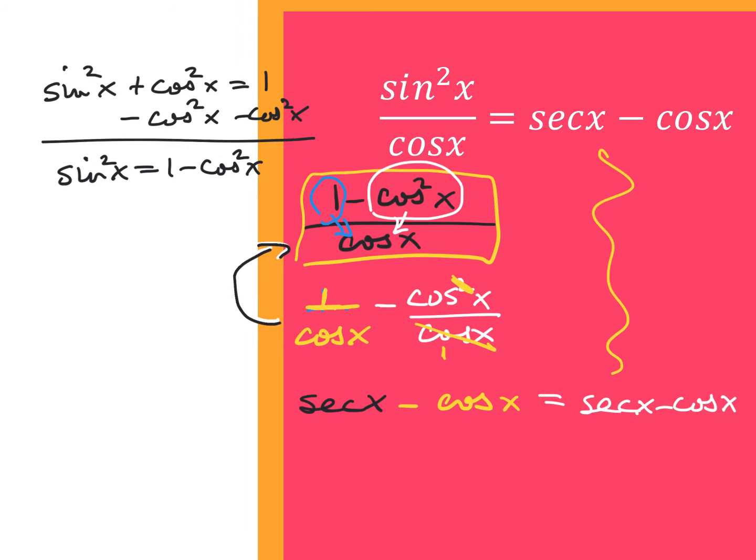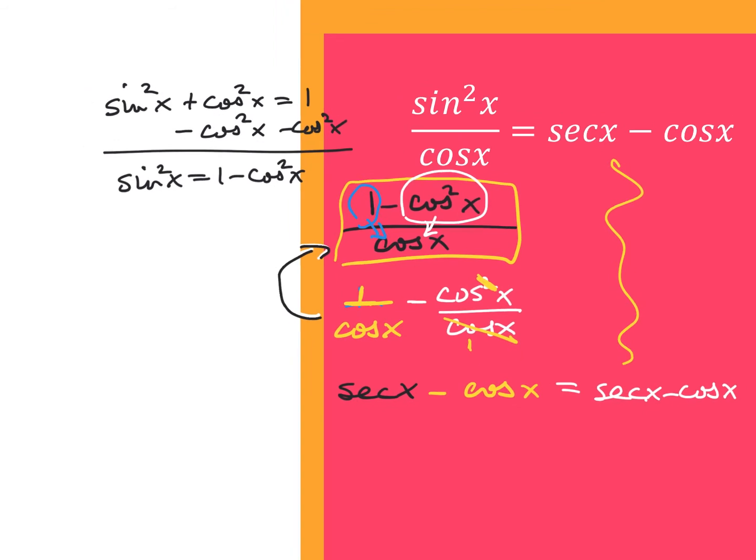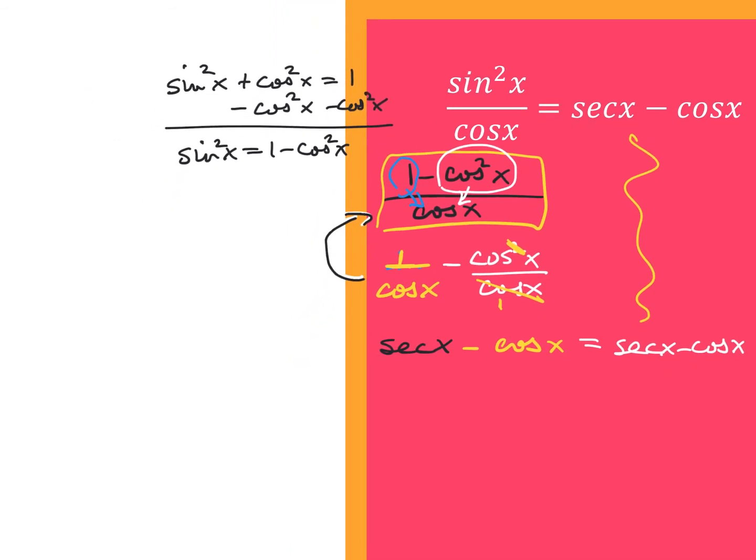Now, we could have actually worked with the right side. So just to show you, we could also have done this. So let's say instead I wanted to work with the right side. I could turn this into its reciprocal.